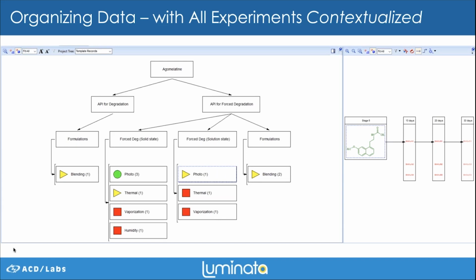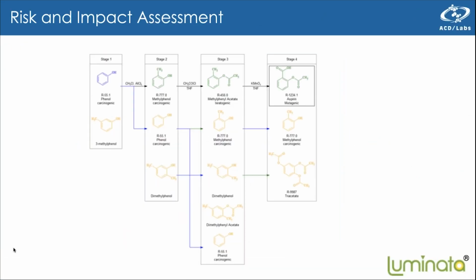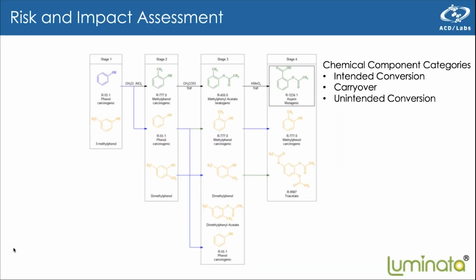So this is a project map with different levels in the various experiments, and then some sort of indication of readiness or completeness. So that's what the different symbols in the blocks represent. I'm done with photo, but my thermal stability assessment is still underway, and I haven't started vaporization or humidity yet, just as an example.